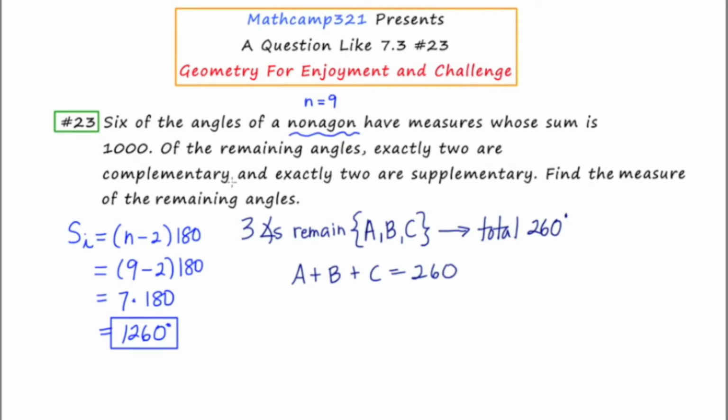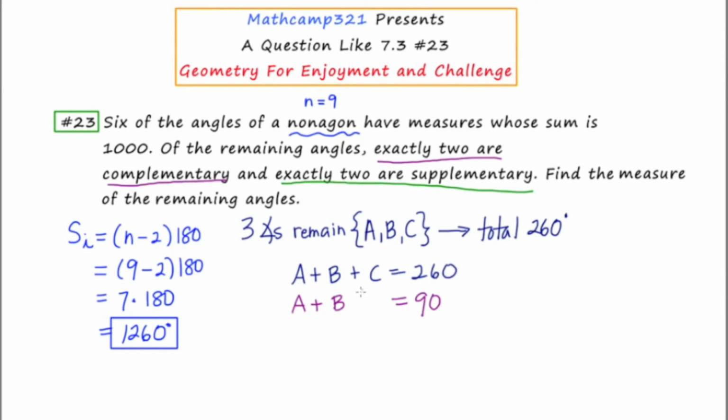So that first sentence really gave a lot of information to us. Now the second sentence begins with, of the remaining angles, exactly 2 are complementary. Now complementary means adds to 90. So let's take any 2 of these remaining angles. I'll take A and B. And they're supposed to be complementary, which means they add to 90. Okay, and if I keep reading, it says, and exactly 2 others are supplementary.